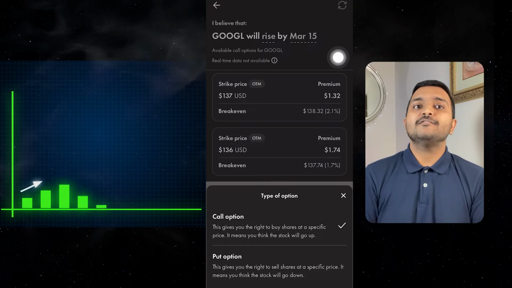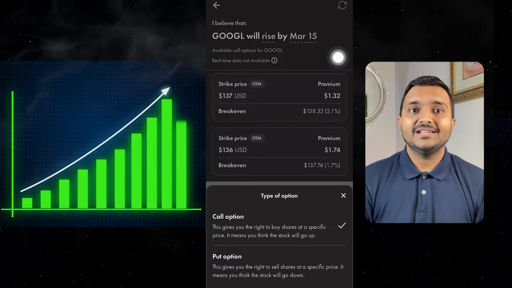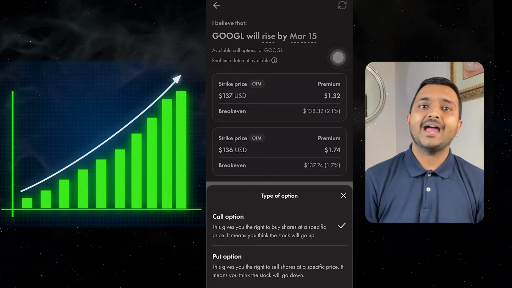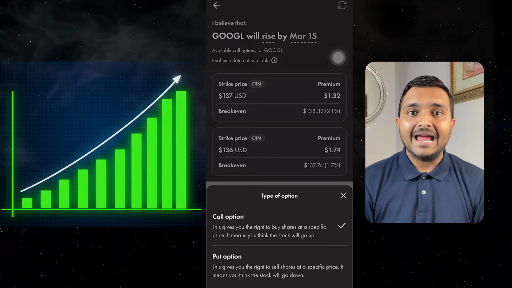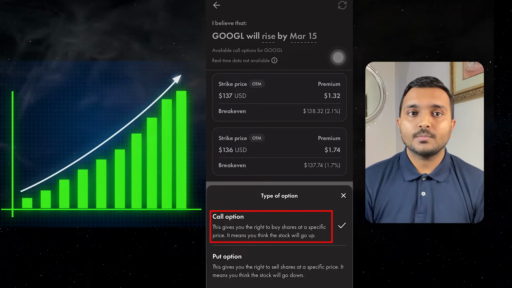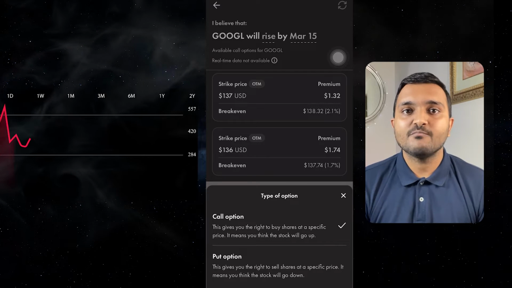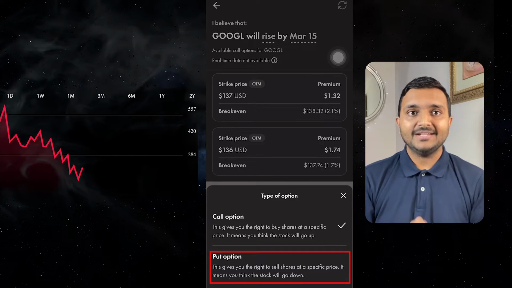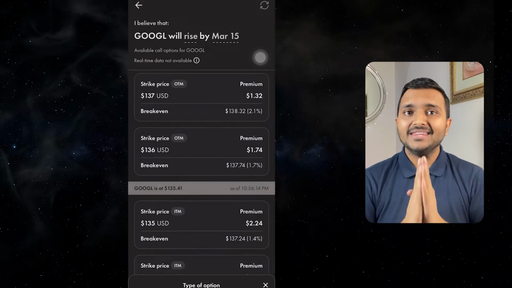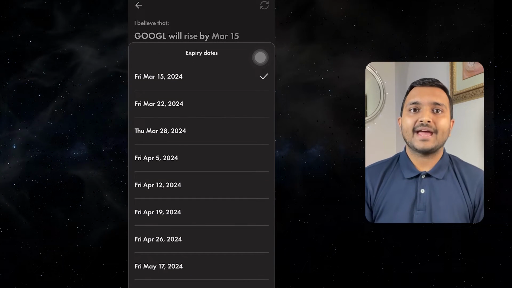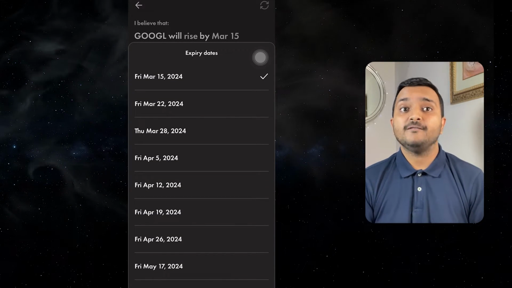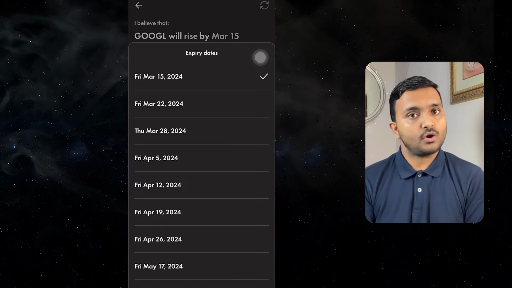Now, if you believe that the stock price will rise and buy the corresponding option, it's called a call option. And if you believe the stock price will fall and buy the matching option, it's called a put option. In the date section, you can select the date by which you expect the stock to move.